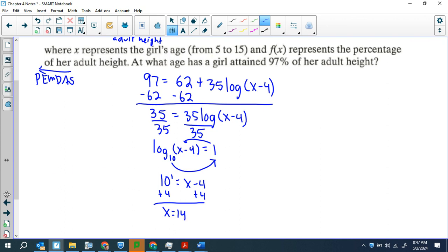So again, once we solve that, that's part of it; we want to write a statement. What this means is x is the age of the girl. So you can say when a girl is 14 years old, she would be 97% of her adult height.